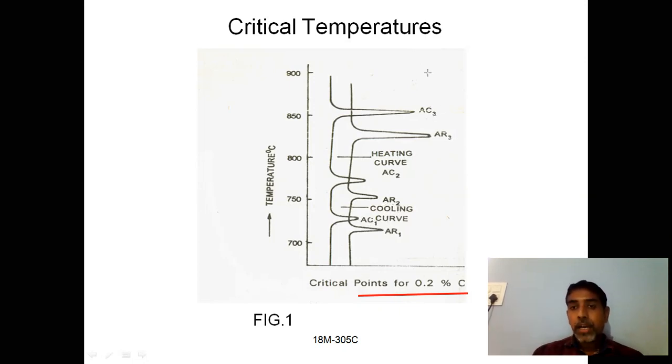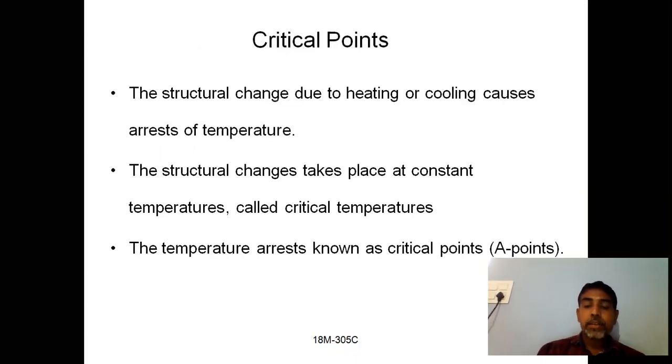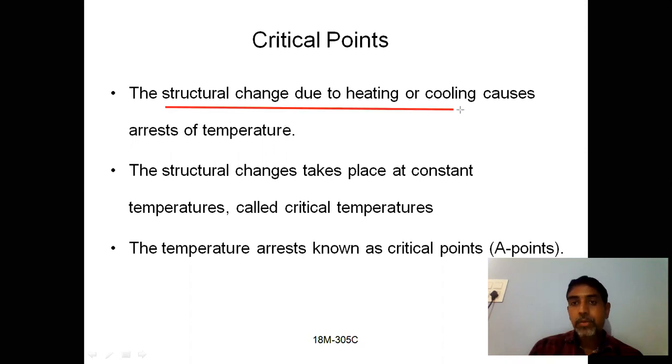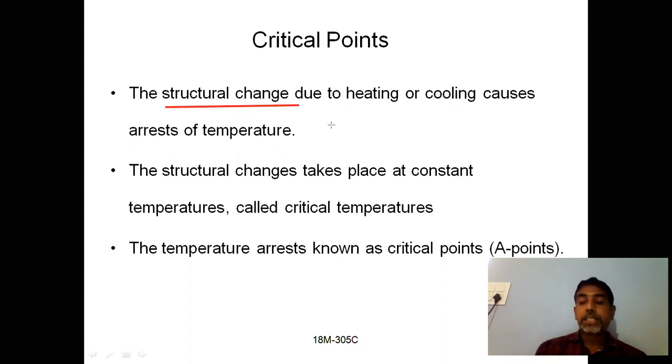Now we will enter into the actual concept. What is meant by these critical points? The structural change due to heating or cooling causes arrest of temperatures. So when you heat or cool, at a certain temperature a structural change will occur.